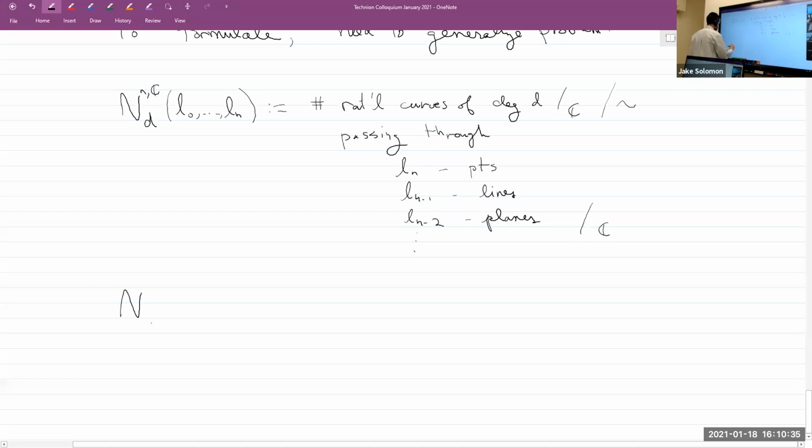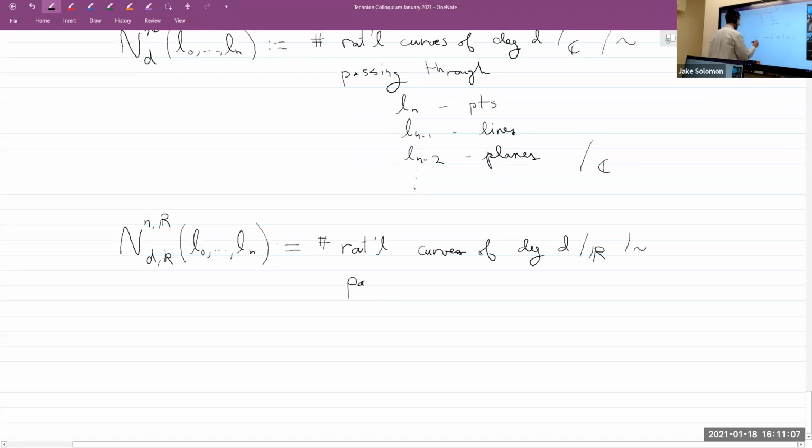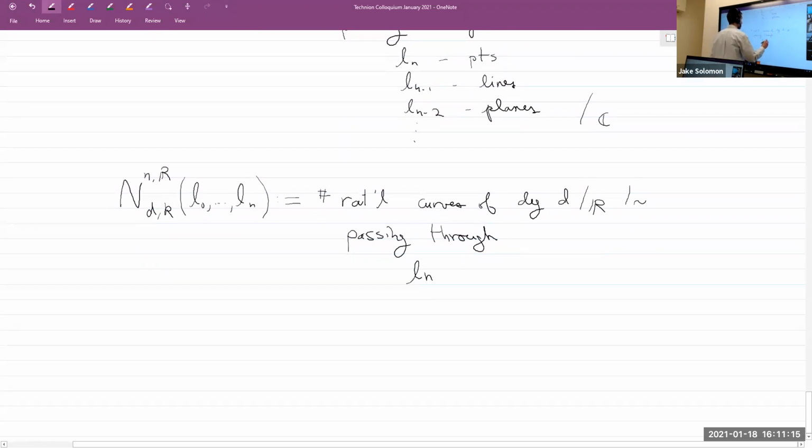And we can similarly do, and this is going to be slightly stranger, N_{d,n}^R(k, L0, ..., Ln), the number of rational curves of degree d over R, again up to equivalence, passing through k points defined over R. Okay, in other words, k real points, k points in R^n.